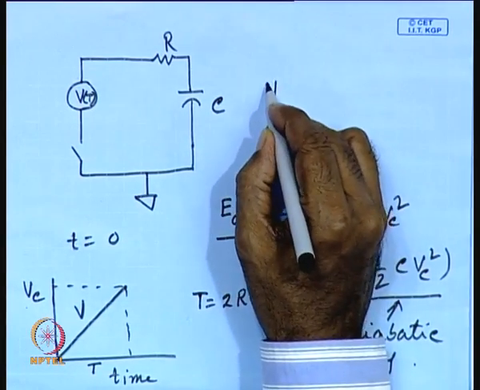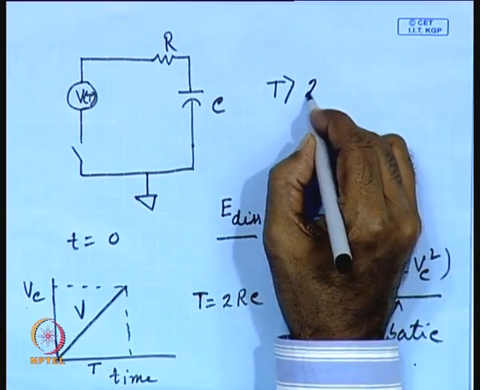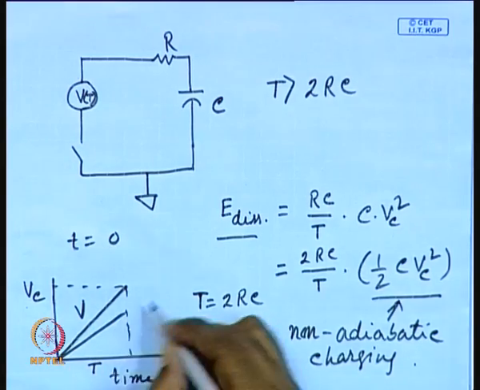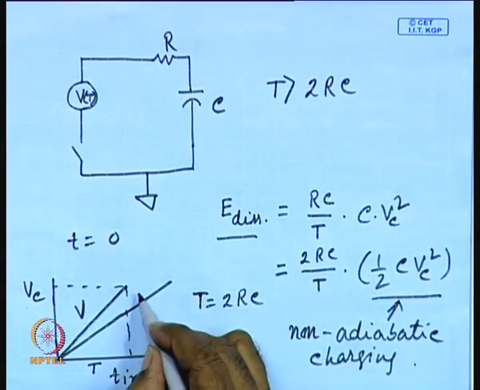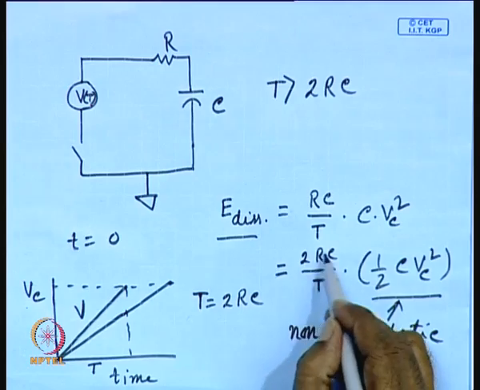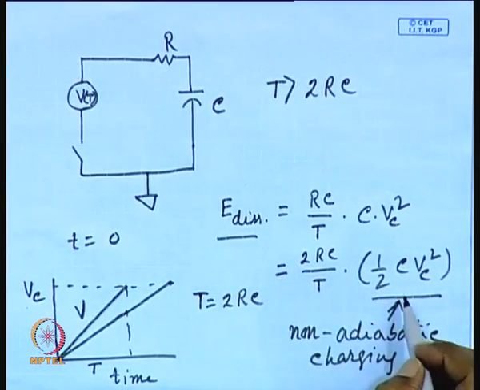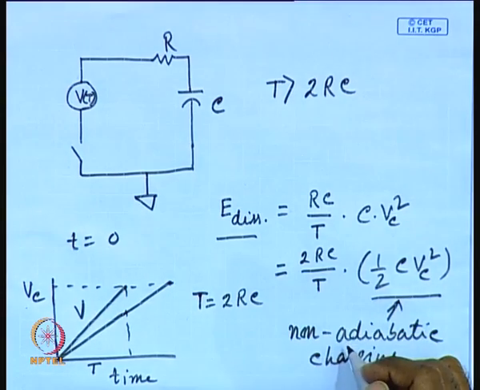However, when T is greater than 2 R c, that means you charge over a longer period, then this factor will be smaller, that means this will be less than 1, and obviously the energy that is dissipated will be lesser than the non-adiabatic charging.